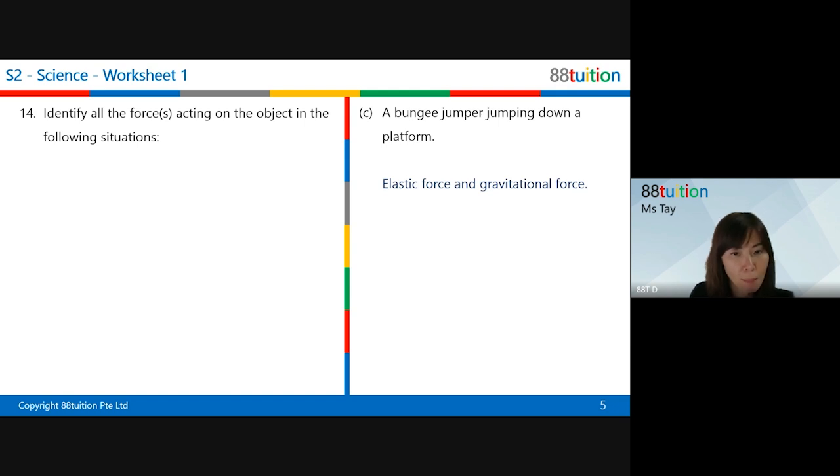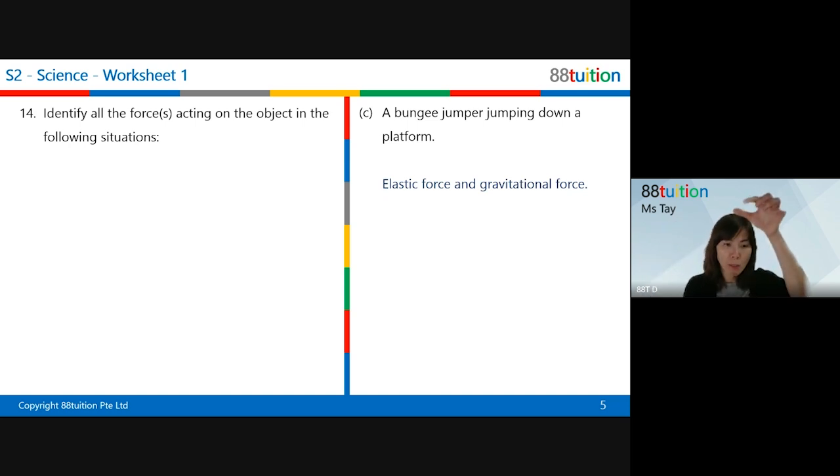Come, try bungee jumping. Yeah, the rope straps onto the bungee jumper. Okay. Now, when the bungee jumper jumps off, right? Yeah, there's this rope that is tying onto him. Yes, correct.